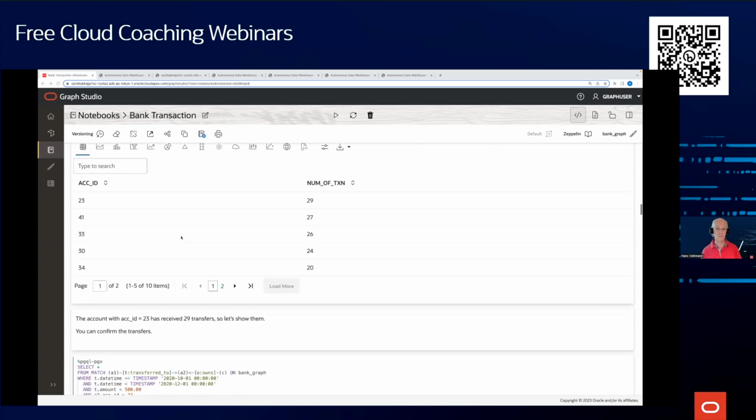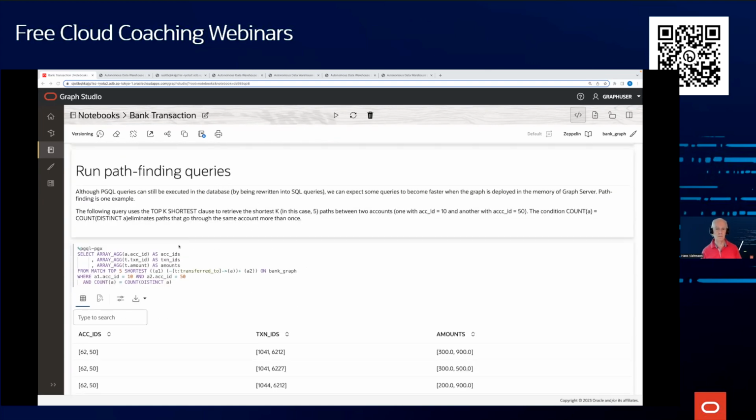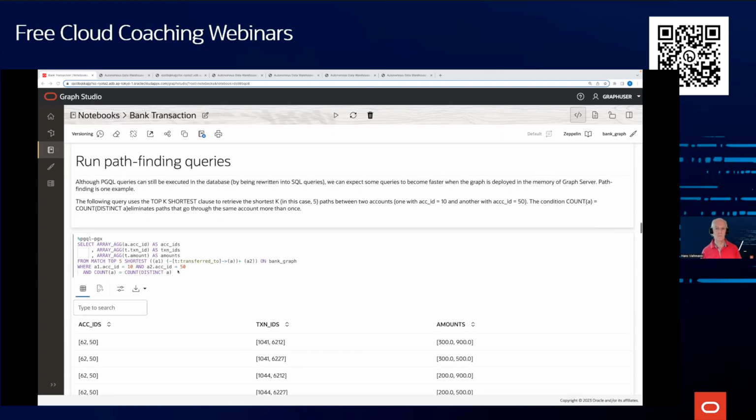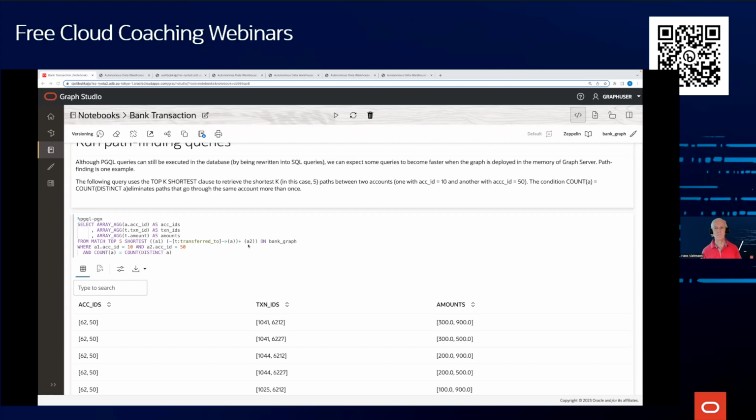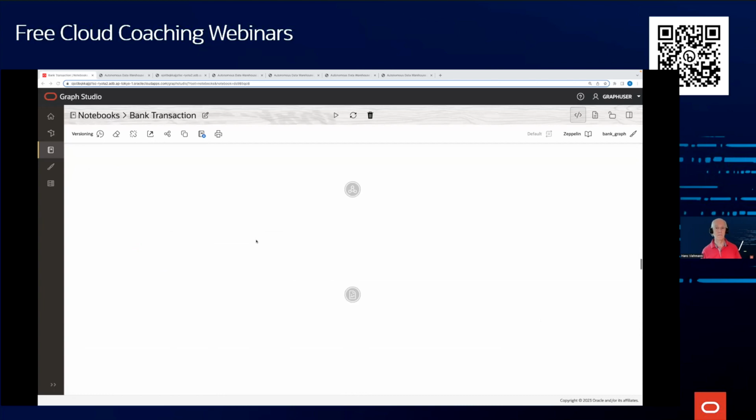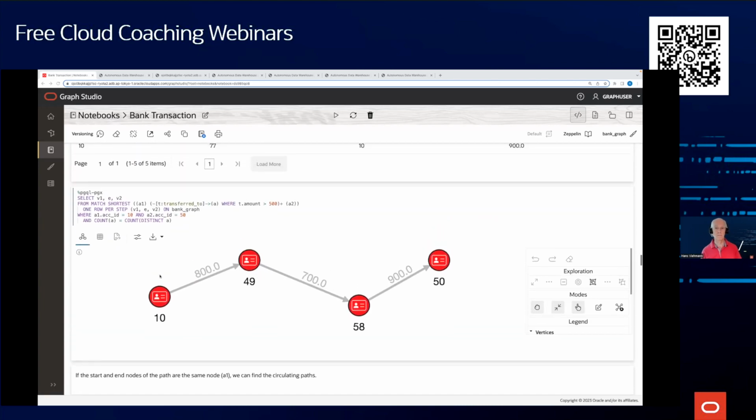And then if you would like to run pathfinding queries, you can use the shortest keyword to find the paths between A1 and A2, so that you can get the paths between one vertex and another. So here, account ID 10 and account ID 50 are A1 and A2, and this keyword shortest can get the path between A1 and A2.